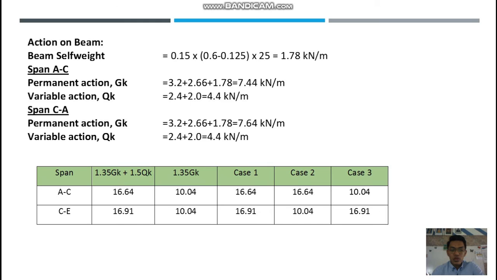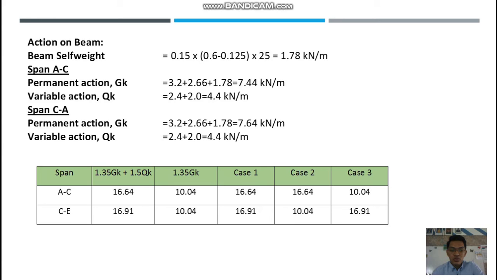For our project, we have two spans for the continuous beam, span AC and span CE. So we find the value for permanent action and variable action for each span, as you can see here.